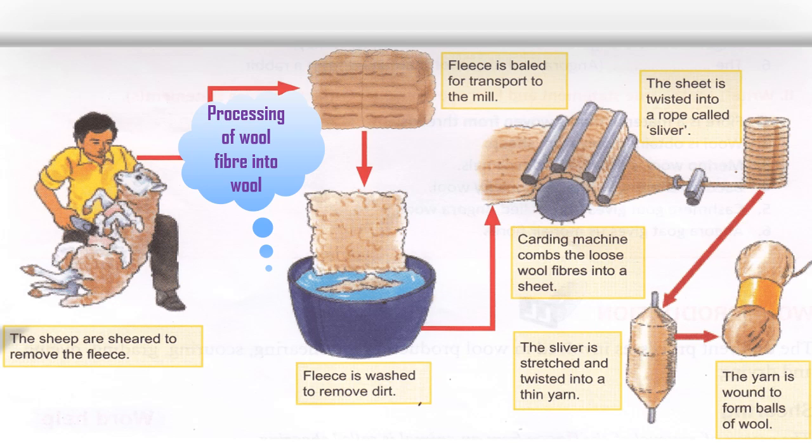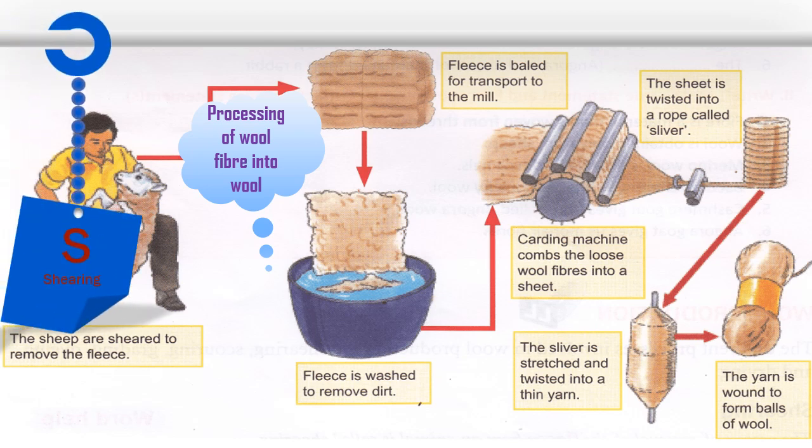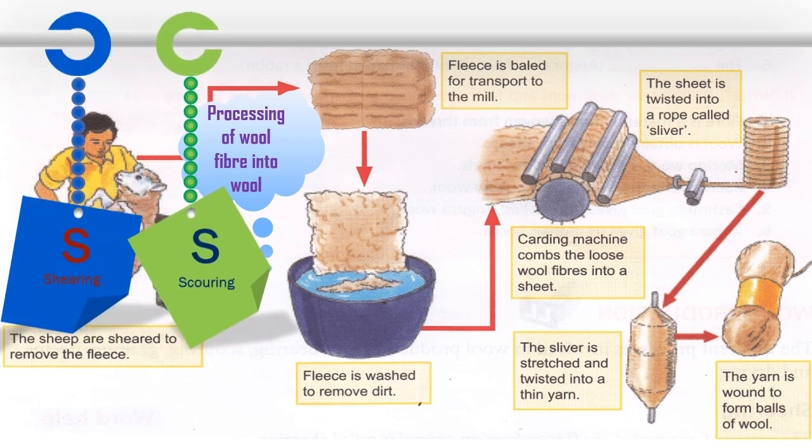Here we have a picture which depicts how wool fiber is obtained from the sheep and then processed into wool. Now let us understand the steps followed one by one. First, shearing. Shaving off the hairy coat. Second, scouring.